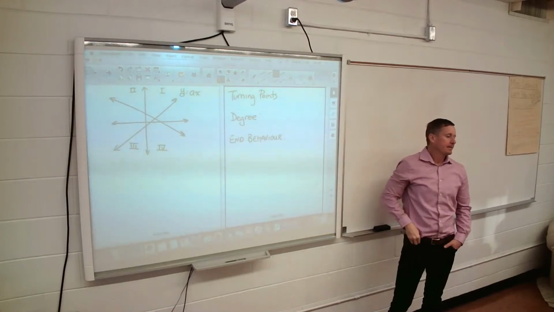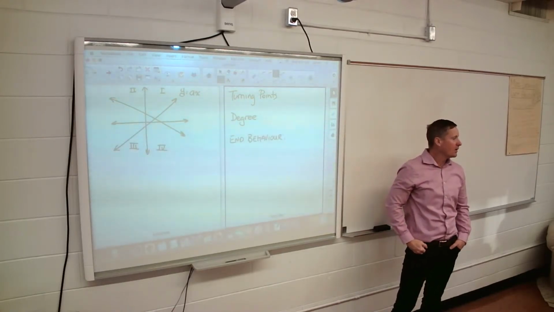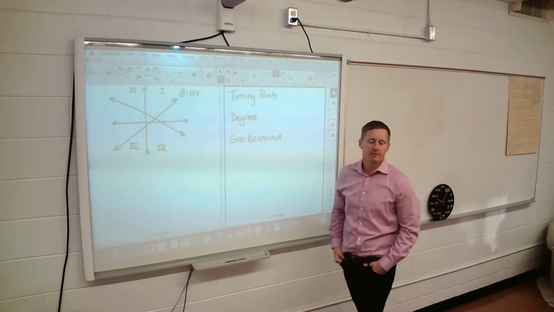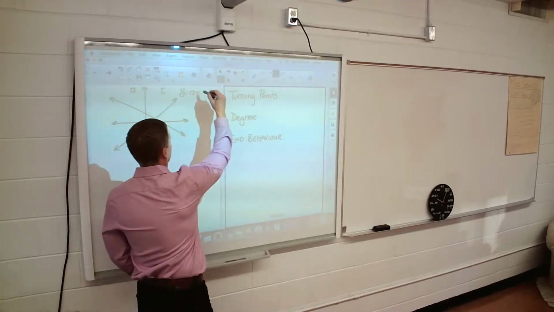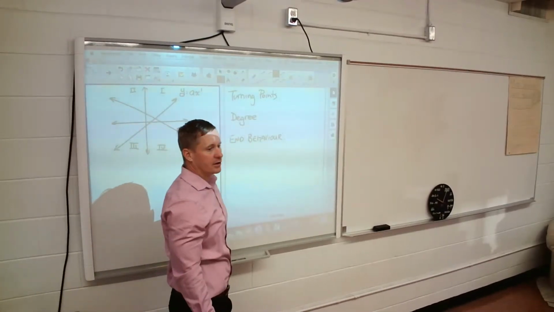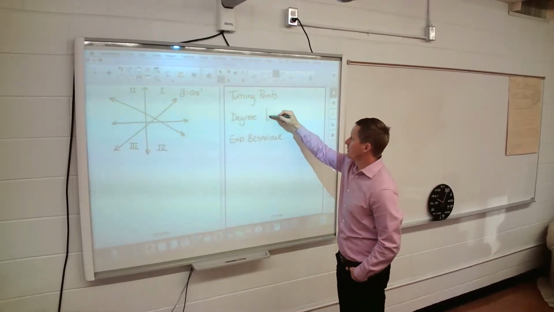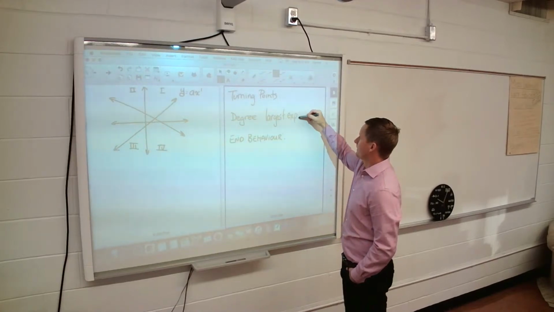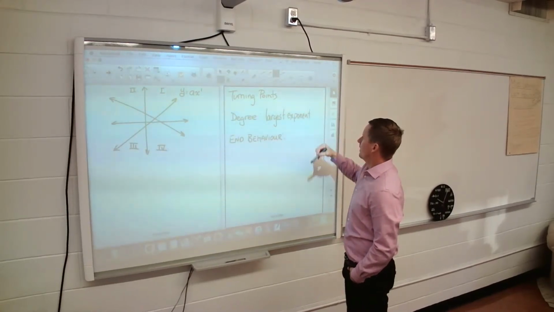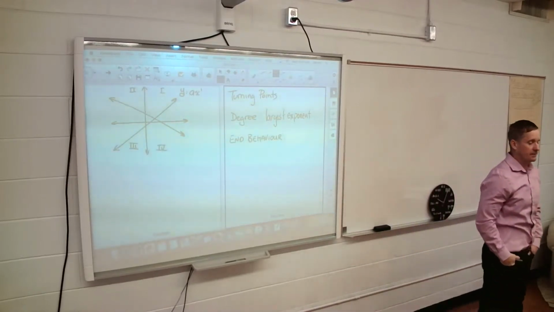All right, the degree of the graph is always the largest exponent on your x variable. So in this case, the degree for a linear graph is 1. That's the degree of the equation.